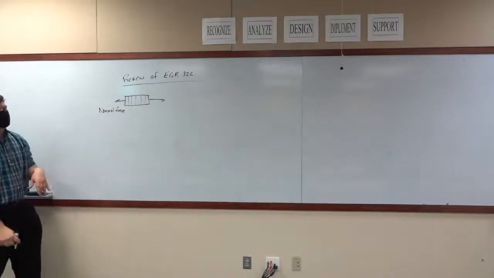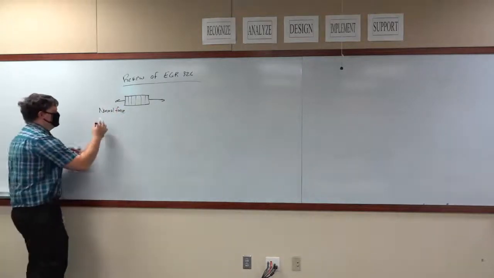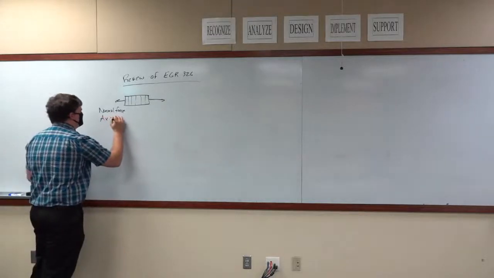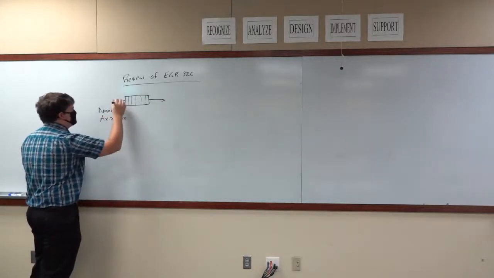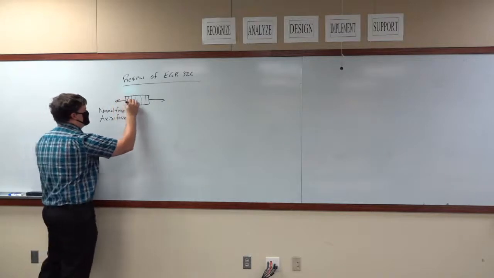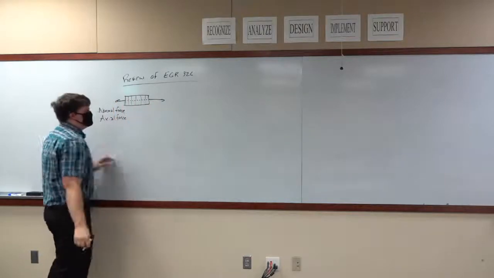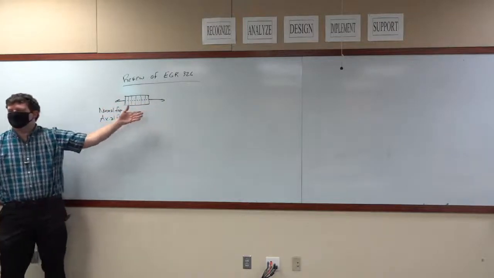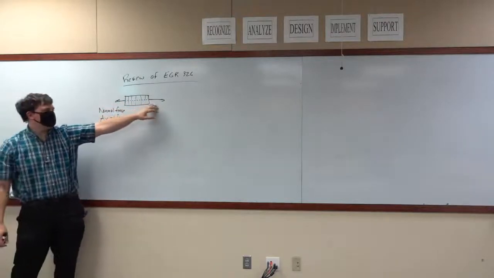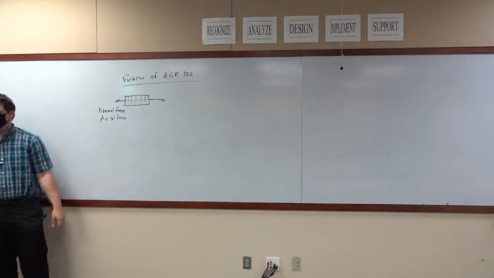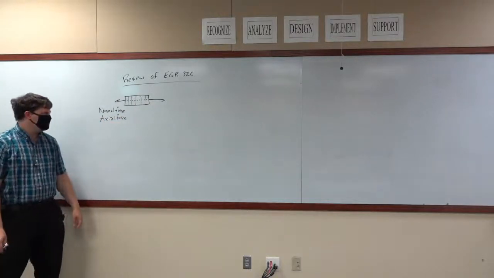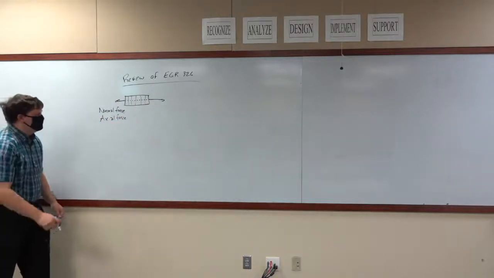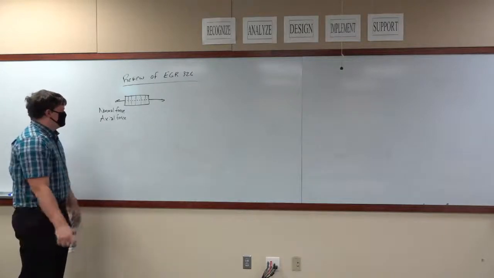Or you could call it an axial force because this force is exerted on one end, and if we were to extend out that vector, the direction of that vector falls in line with the direction of this vector. So that's a normal force.